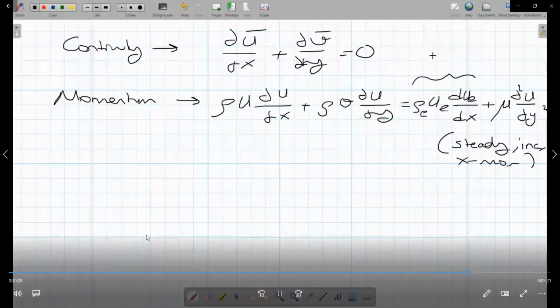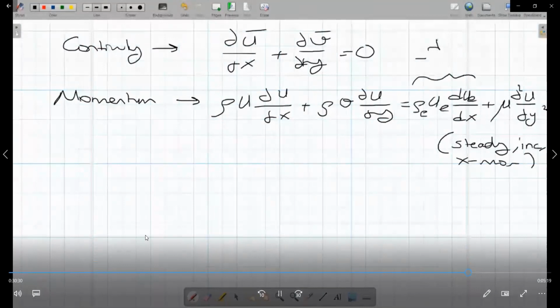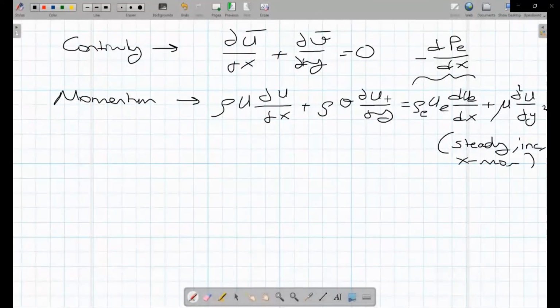Just a quick note on where this comes from. This is related to minus dpe dx. Normally in the momentum equation we have dp dx, but we replace this pressure gradient term with the U edge variation term, and this can be obtained starting from the Bernoulli equation.